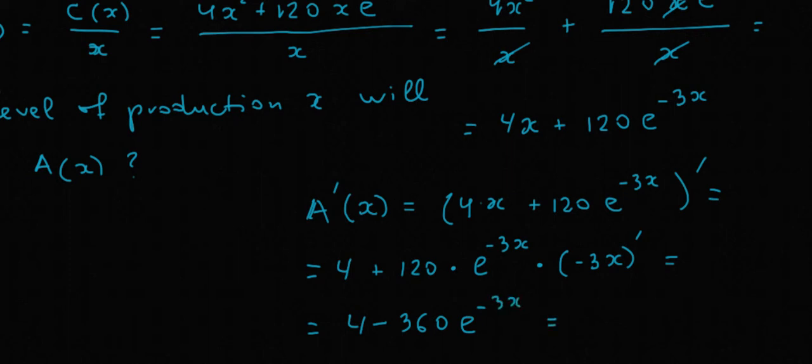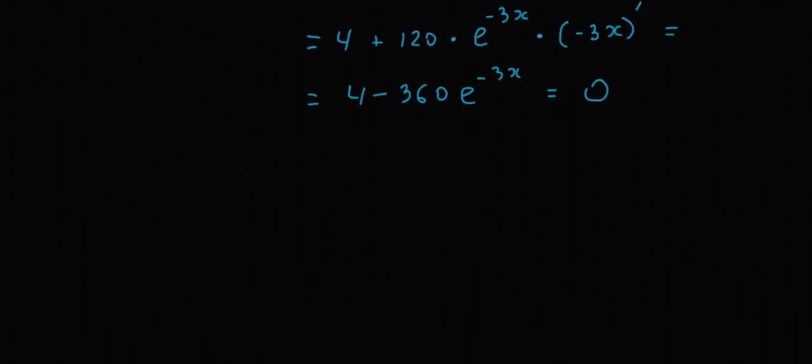Let's go ahead and set this equal to 0, and then proceed to solve for x to find the critical points. Okay, so let's move our terms around a little bit.